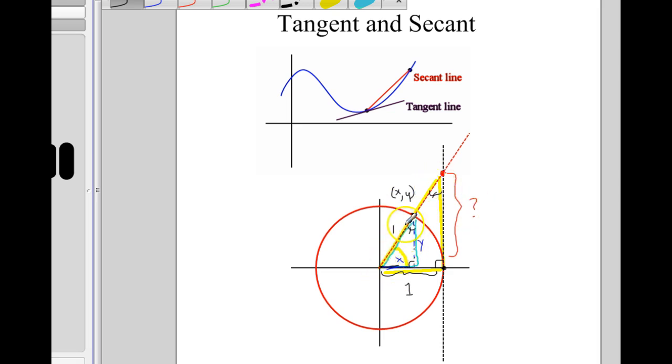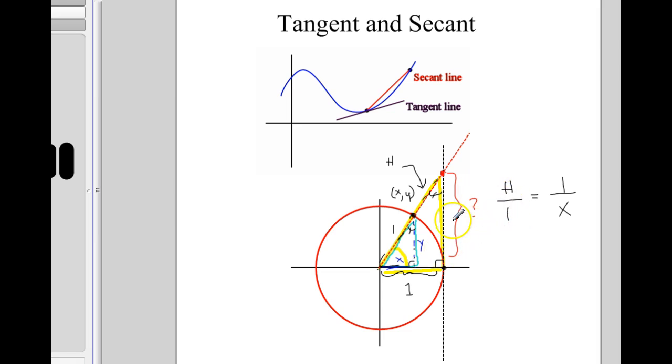So if I called this my unknown, I'm going to call it h for hypotenuse. That's this hypotenuse right here. H, the hypotenuse of the big triangle, is to 1, the horizontal part of the big triangle, as the hypotenuse of the little triangle is to x, the horizontal part of the smaller triangle.